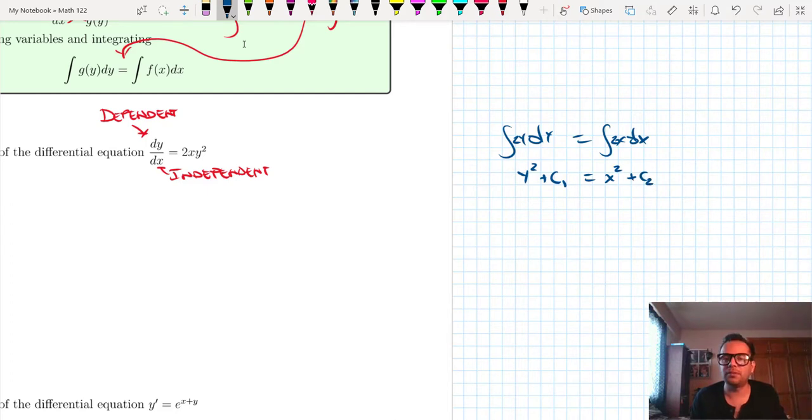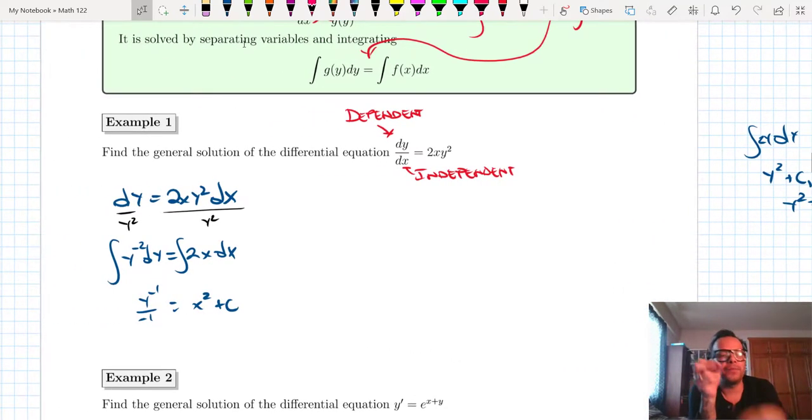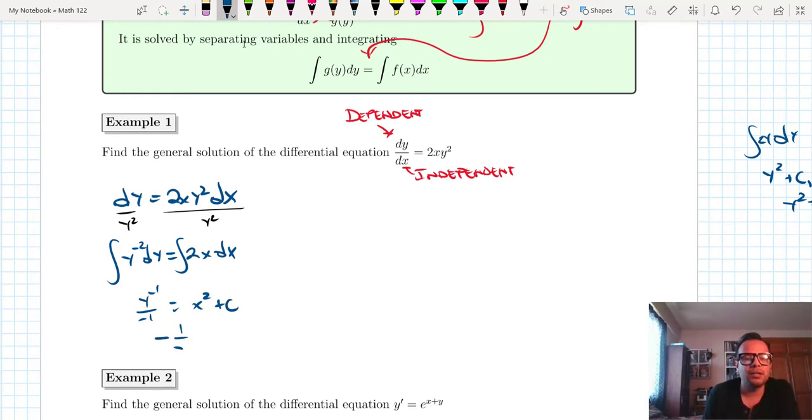What am I going to do? I'm going to move the c1 to the right hand side. x squared plus c2 minus c1. The difference between the constants is just some constant that we globally call c. So that's why from now on, for this method, we're just going to add the c only to the right hand side. Okay, let me finish rewriting this. This is going to be negative 1 over y equals x squared plus c.